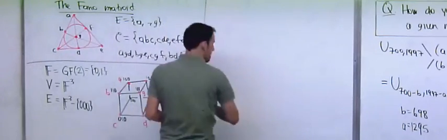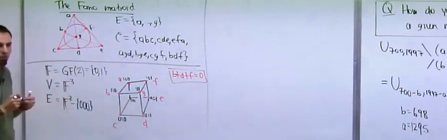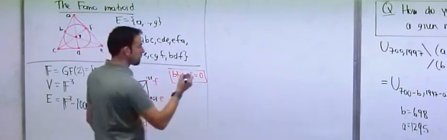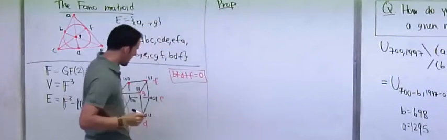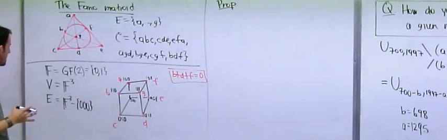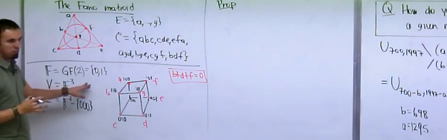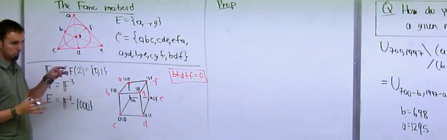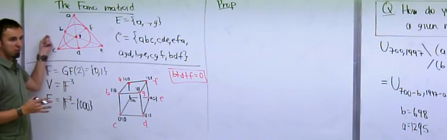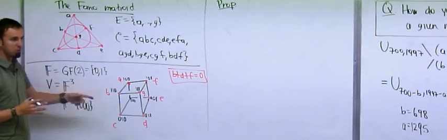Any questions about the Fano matroid before I continue? So what I want to show now is that this only would have worked in characteristic 2. So if I can represent the Fano matroid in a field, then in that field 2 is equal to 0.